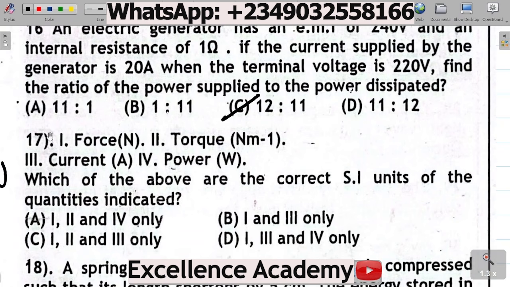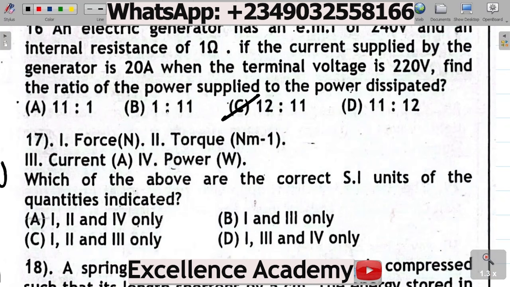Okay. Question number 17 says: I, force in Newton; II, torque in Newton per meter; III, current in amperes; IV, power in watts. The question asks which of the above are the correct SI units of the quantities indicated.